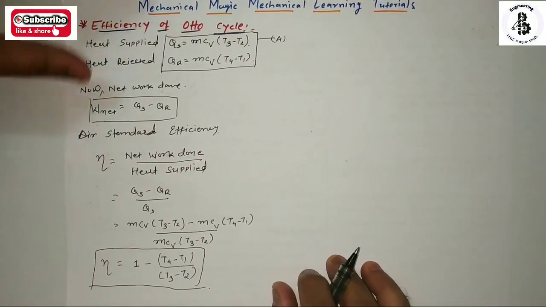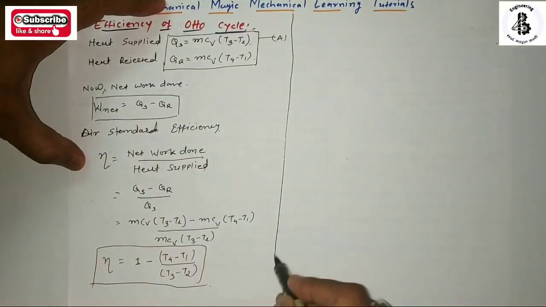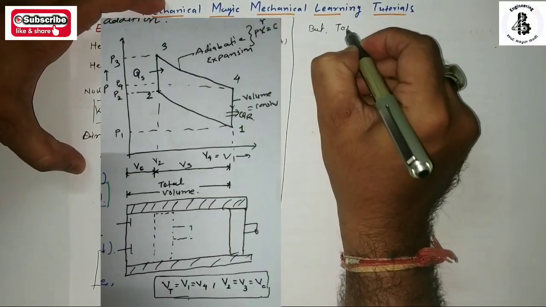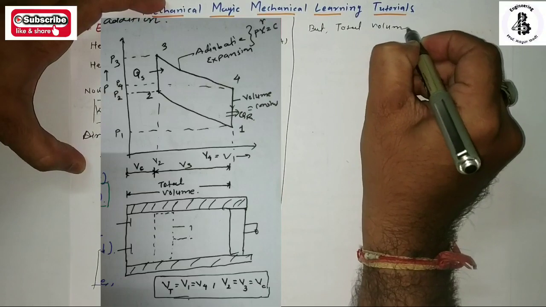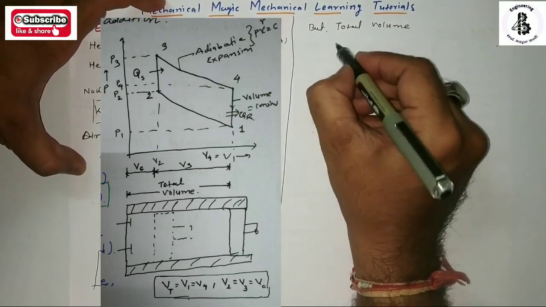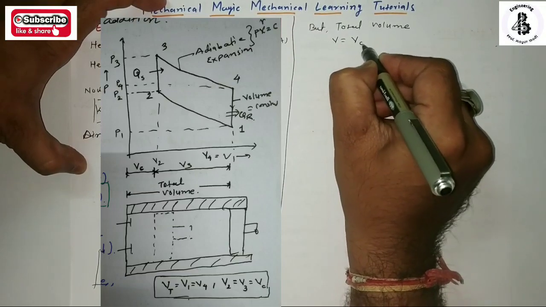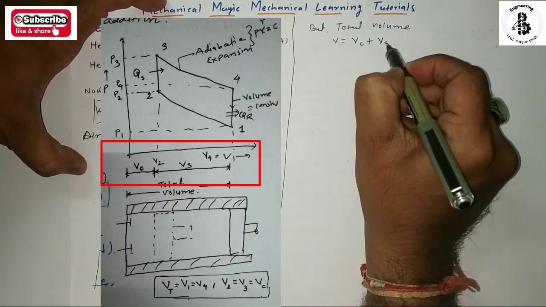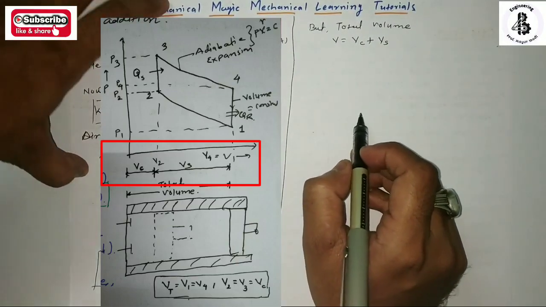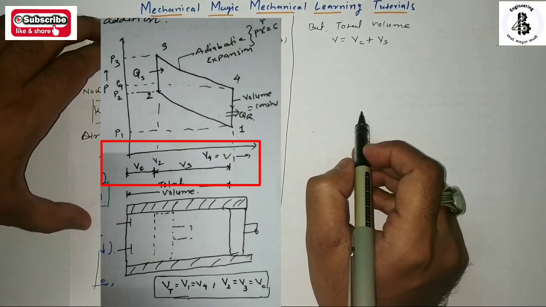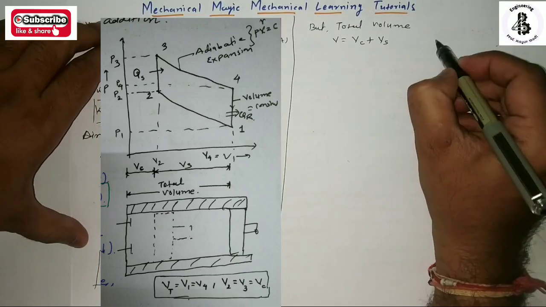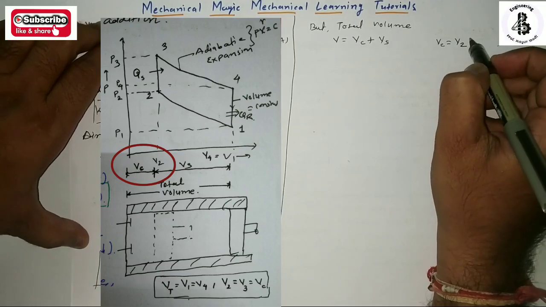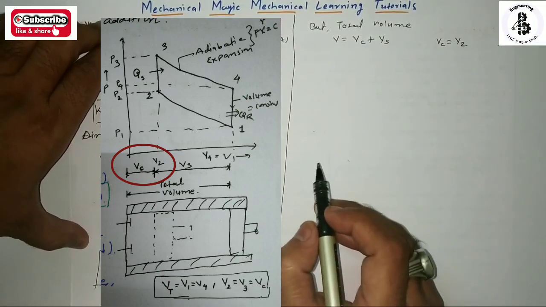But over here, the total volume from the figure is V equal to Vc plus Vs, that is the clearance volume plus the swept volume. From the figure, Vc equals V2.